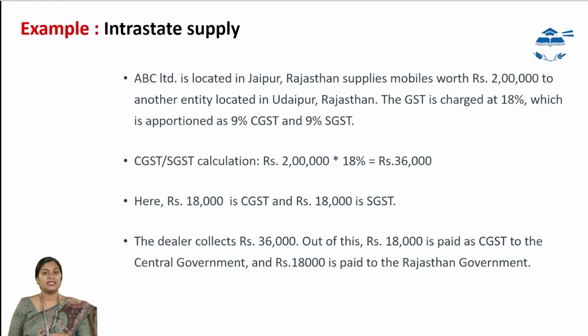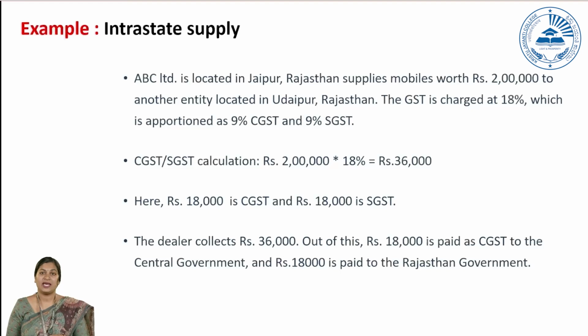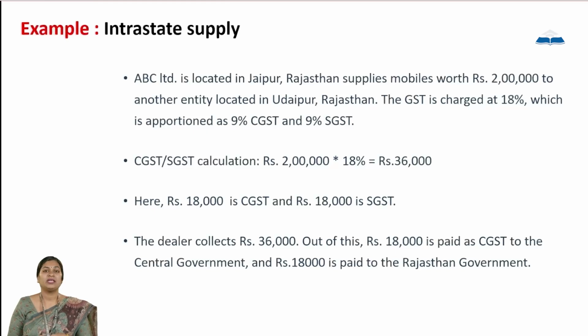So 18,000 becomes CGST and the remaining 18,000 becomes SGST. So the dealer collects this 36,000. Out of this 36,000, 18,000 will go to the central government and the remaining 18,000 will go to the state government of Rajasthan. So this is an example of intrastate supply.